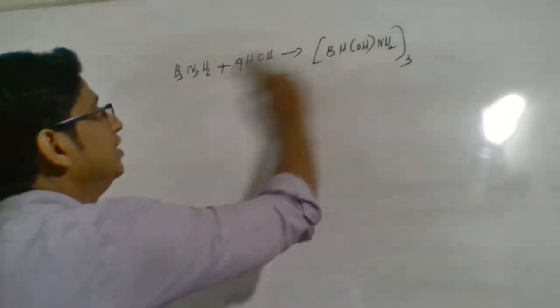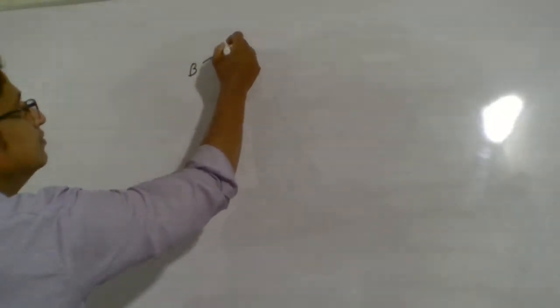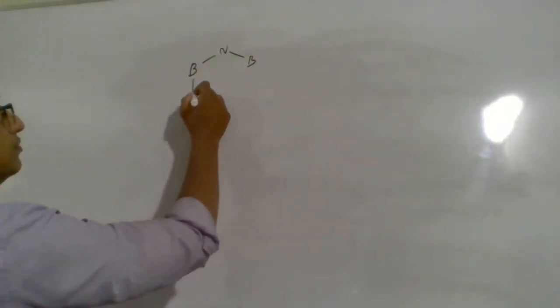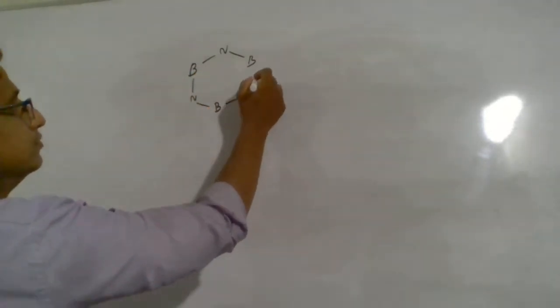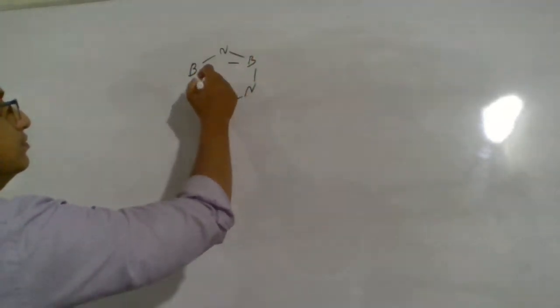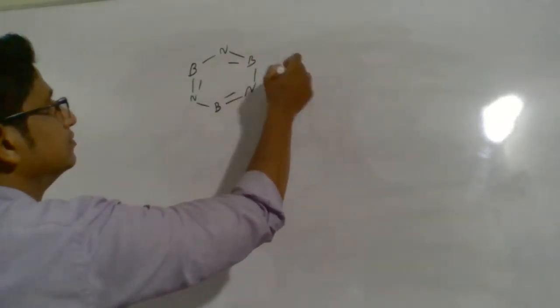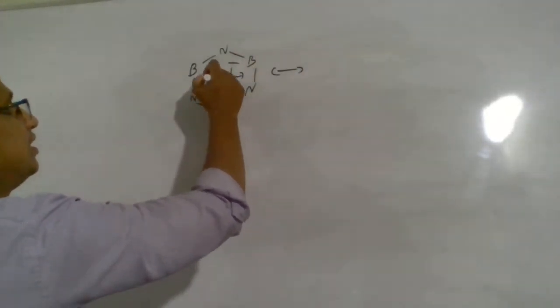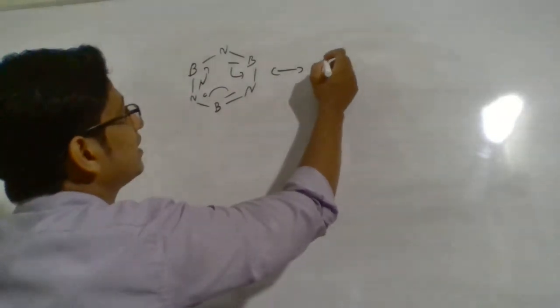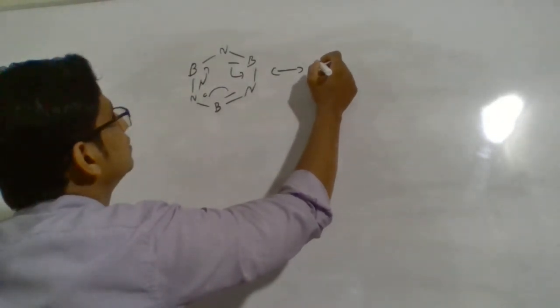That's the structure of borazine, and like benzene, this also has resonating structures. The pi electrons are delocalizing, though not perfectly like benzene.